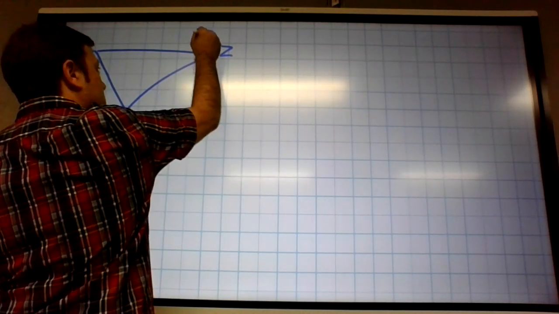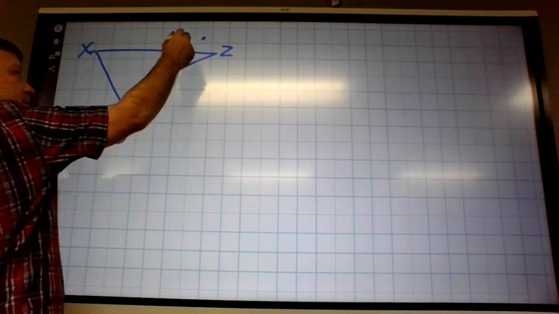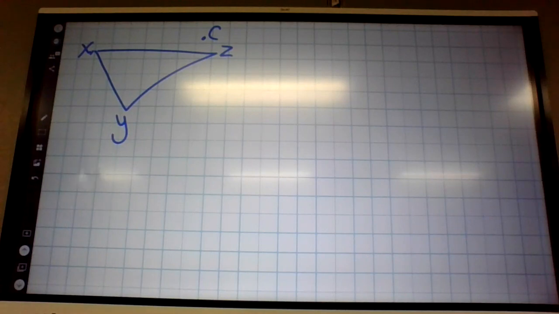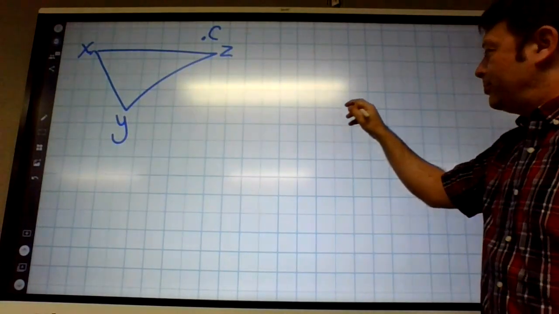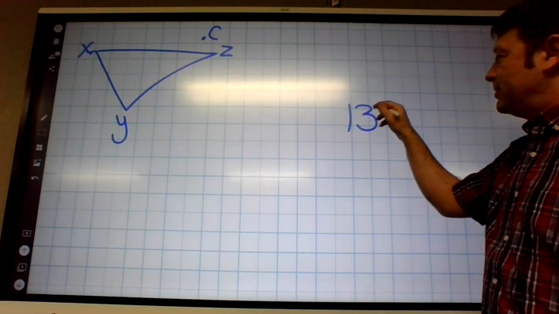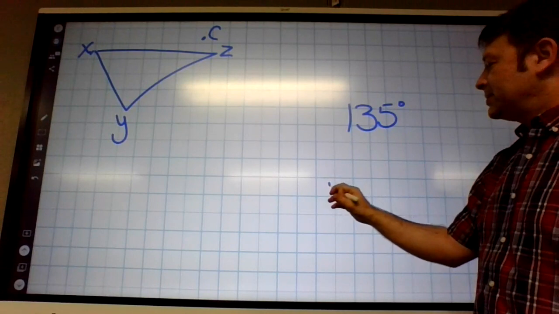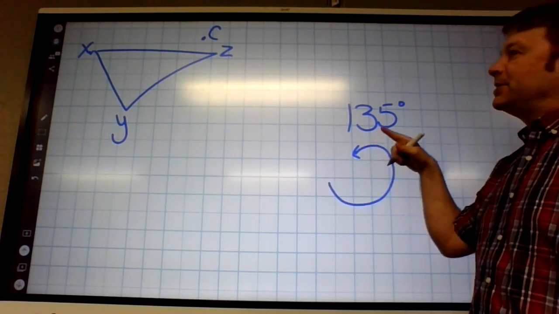Okay, this one's a little bit tricky because we're supposed to rotate 135 degrees. By the way, when they say a positive rotation, that's actually counterclockwise. If they said a negative rotation, that's actually clockwise.